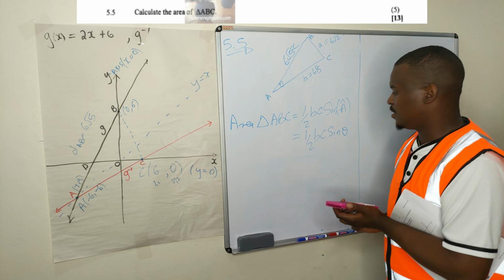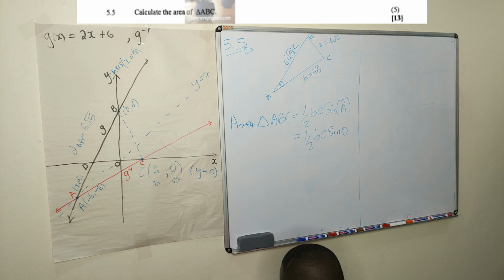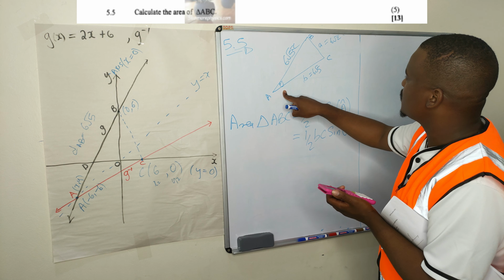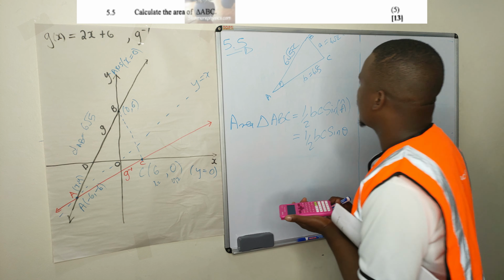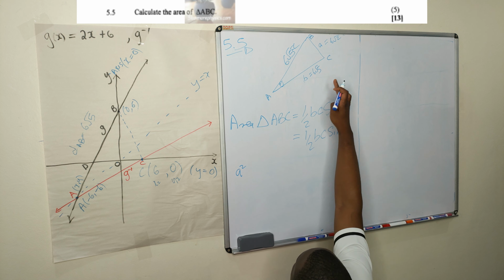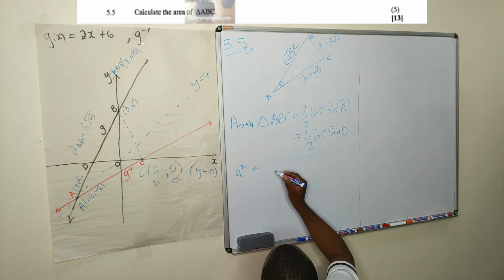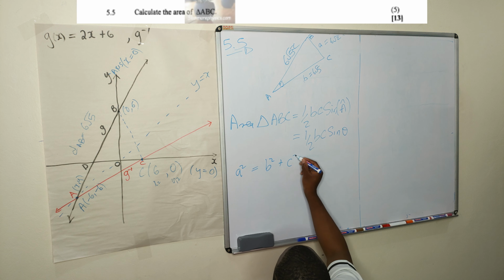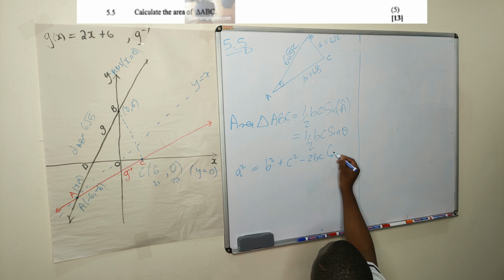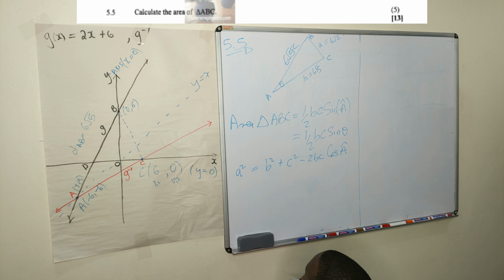You know it from grade 11. What angle do we want? We want this angle here, right? A squared, which is that side squared, is equal to B squared, which is this side, plus C squared, which is that side, minus 2BC cos A, the angle that we want.